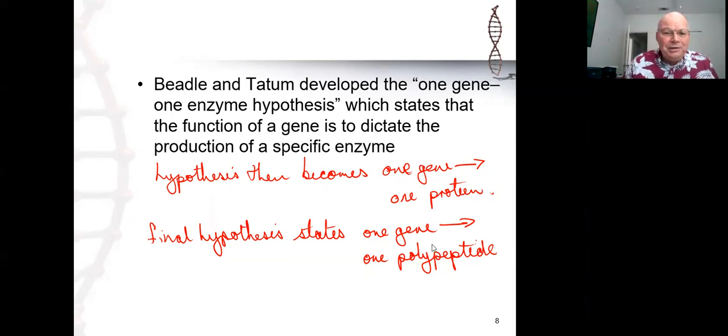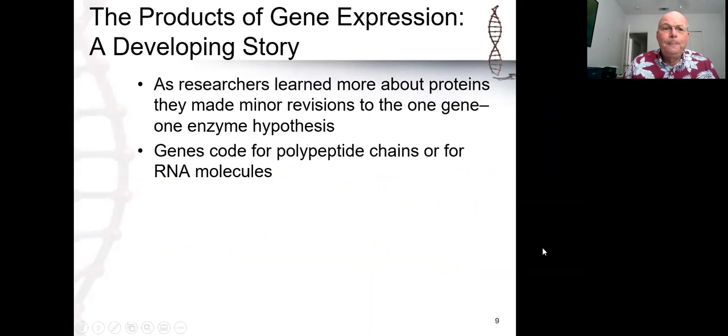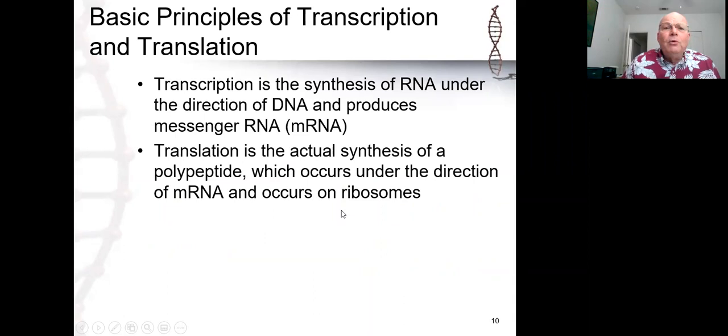One gene gives rise to one polypeptide because it's a good way for us to start thinking about transcription and translation and the flow of information. So this is basically just pointing out the revision, but I've stated that for you. So once we talk about transcription and translation, we think in terms of the flow of information.